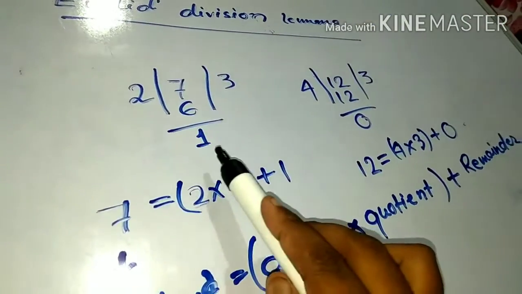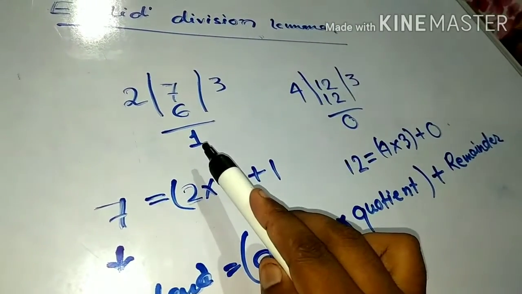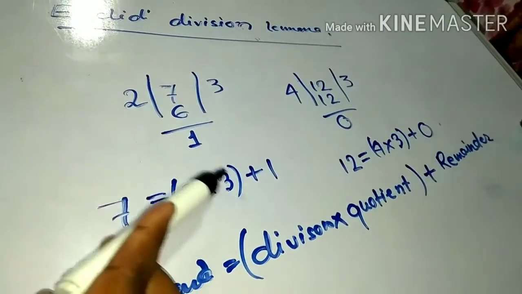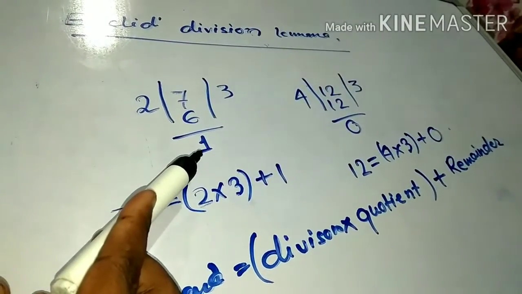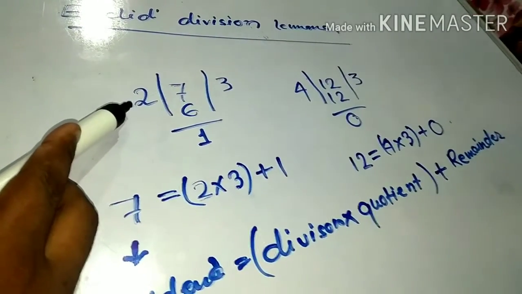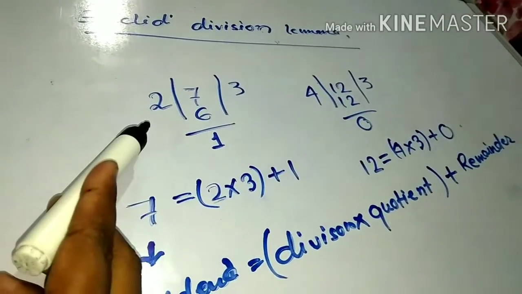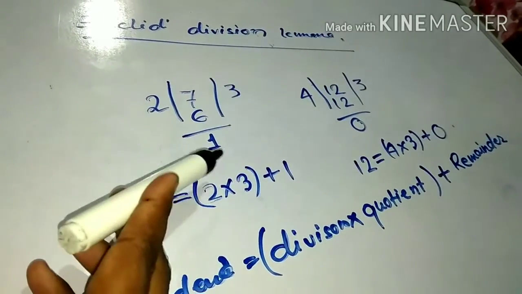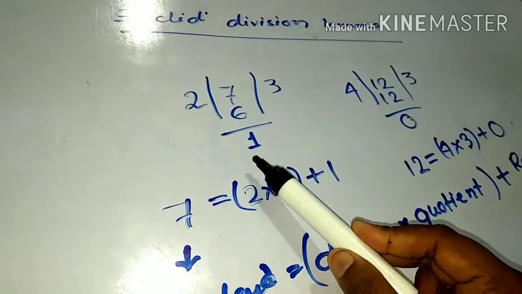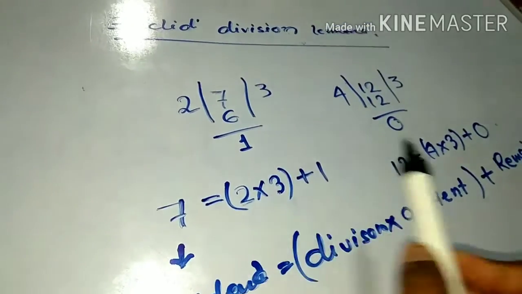Now the condition for remainder. Whenever you get the remainder, that remainder always must be less than the divisor. Otherwise, if it is equal to or more than the divisor, then it will divide again. That is why the remainder always must be less than the divisor.